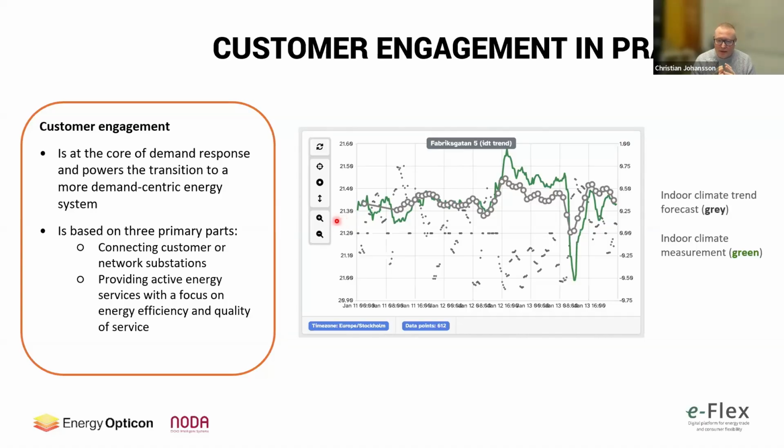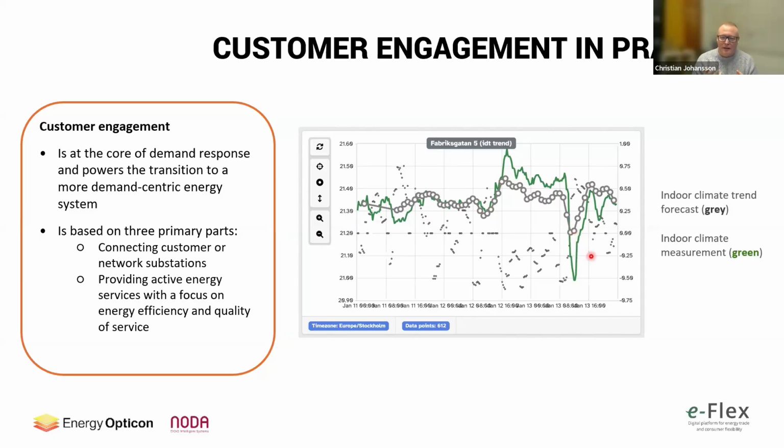And what you can also see here, the gray dots, they are a forecast. So now we can see it once we measured over time, but they were actually created 24 hours up to 36 hours ahead. And you can see it follows when it goes up. You can also see it follows when it drops down quite rapidly a few hours later during the day.